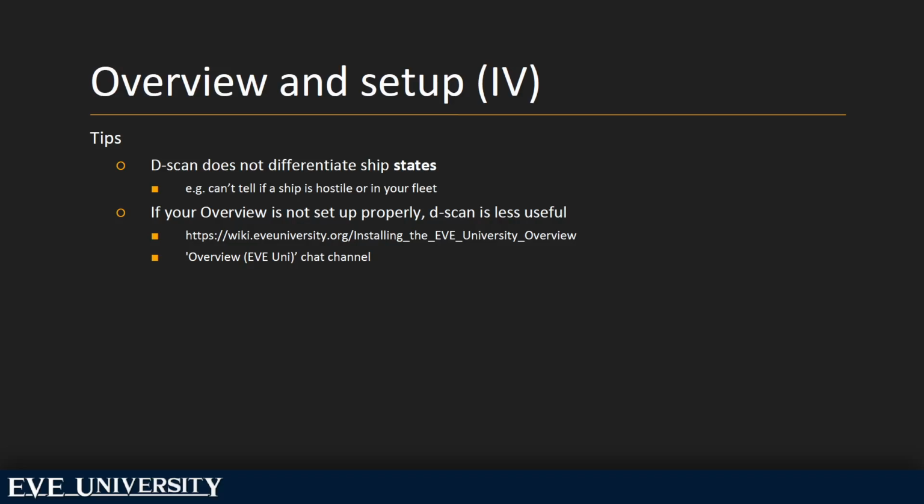The easy way to set up the overview properly is to install the Imperium University overview. There is a link here, and you can just Google the Uni overview and you will find the Uni wiki page with very detailed instructions on how to do it. It's pretty simple. It takes just a couple of clicks.